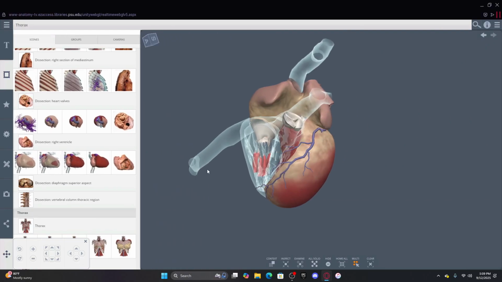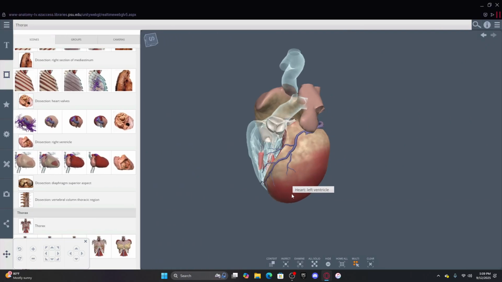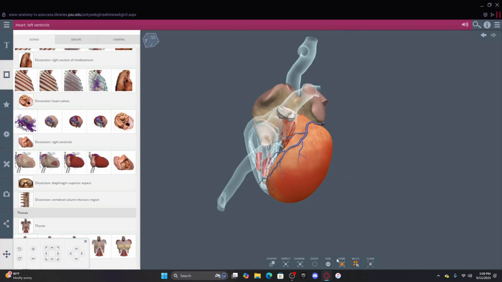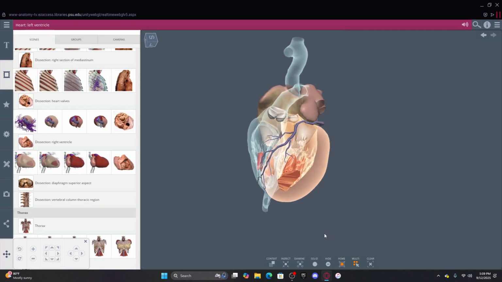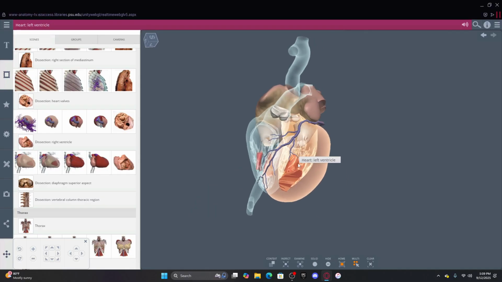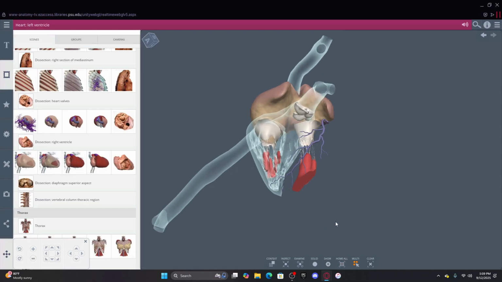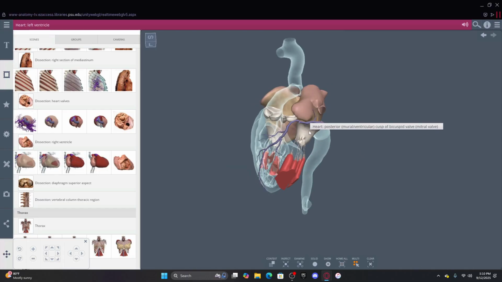So I'm going to give you a better image of the left atrioventricular valve here. Let me ghost that. So this is the left atrioventricular valve, also known as the bicuspid or mitral. So we have bicuspid, mitral, left atrioventricular valve, three names for this one structure, just this structure right here.